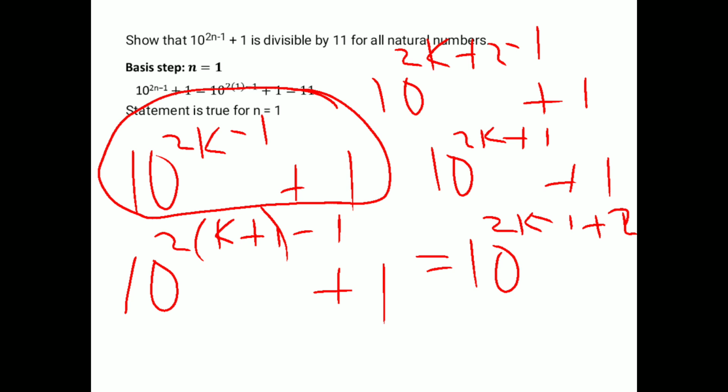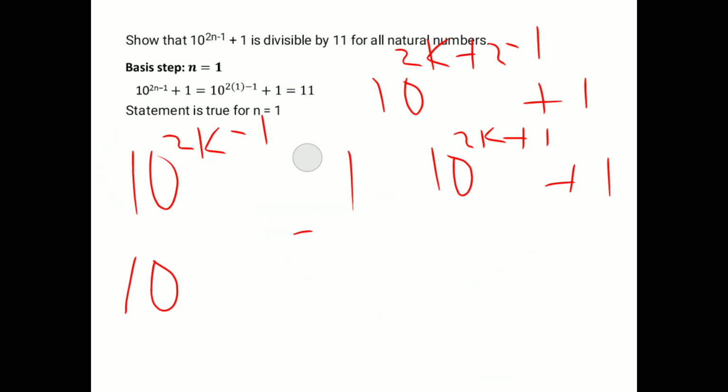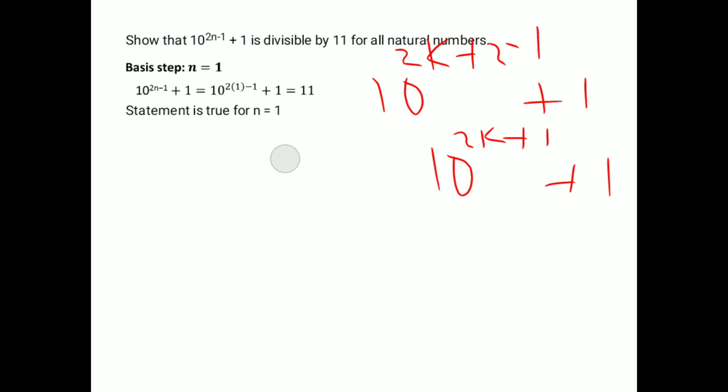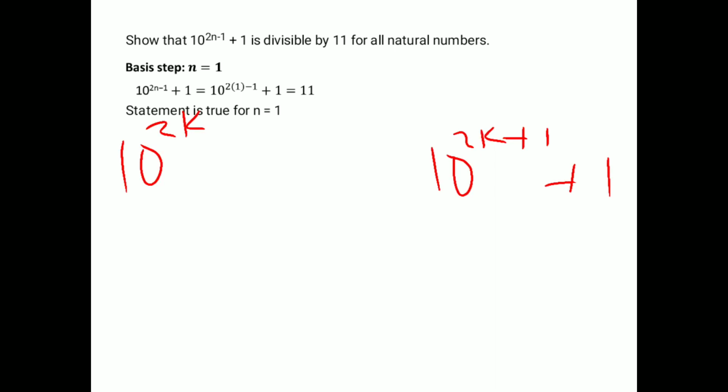Okay, let me rub some things off for space. So this is what we have: 10 raised to power 2k plus 1, which I said we can write as 10 raised to power 2k minus 1 plus 2, because actually 10 raised to power 2k plus 1 means 2k minus 1 plus 2.